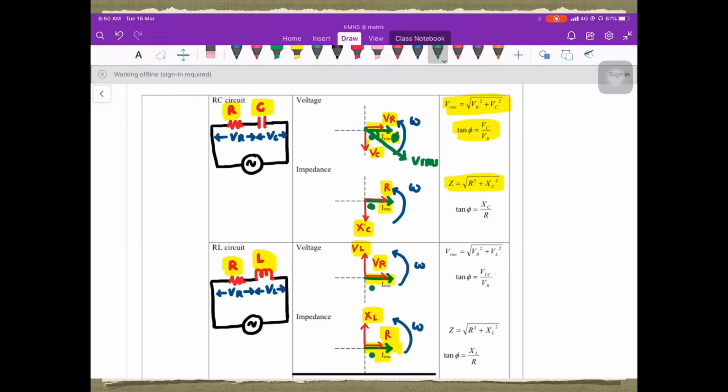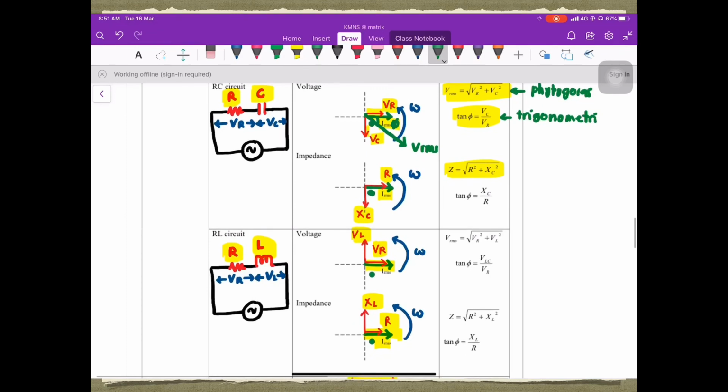Using Pythagoras theorem, we get VRMS equals the square root of VR squared plus VC squared. And then using trigonometry, we will get the value of angle phi.